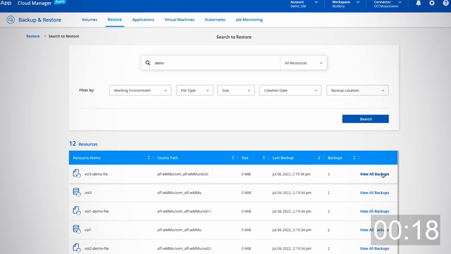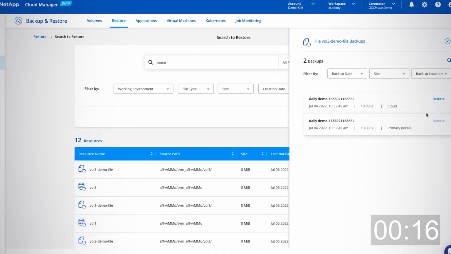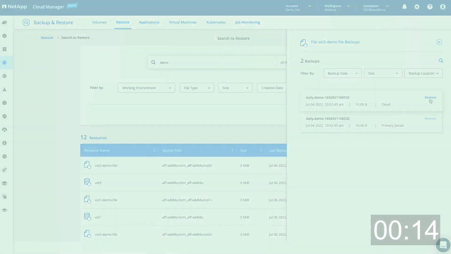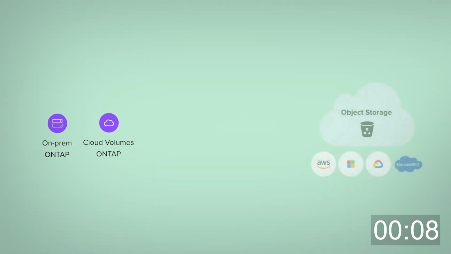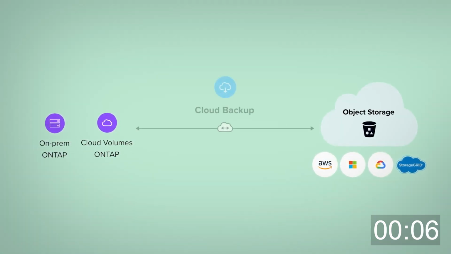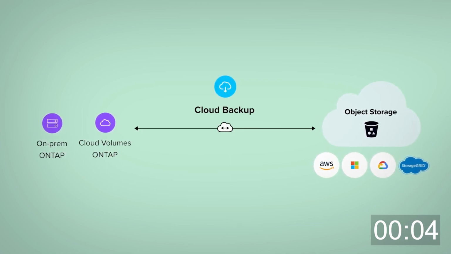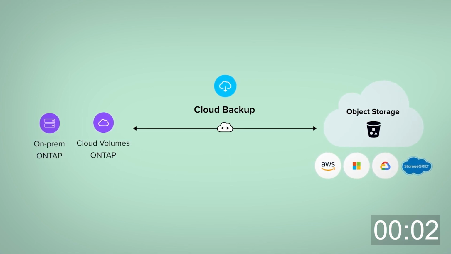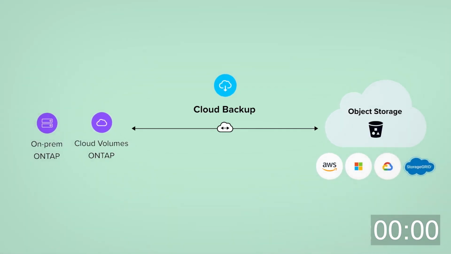Choose a volume, folder, or a specific file. Click Restore, and you're done. Back up your on-premises and Cloud Volumes ONTAP data to an object storage of your choice with NetApp Cloud Backup, because no one can protect ONTAP better than NetApp.